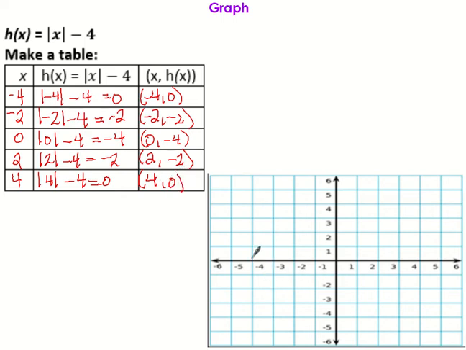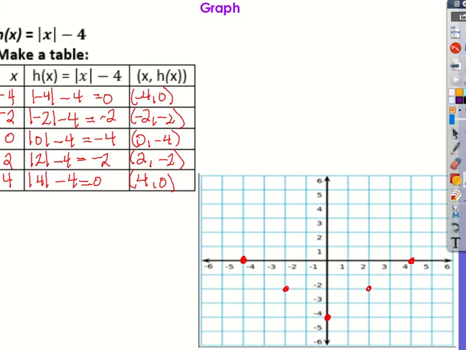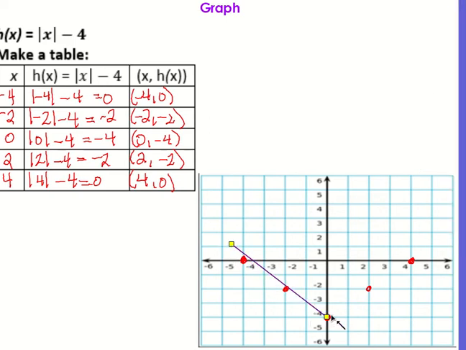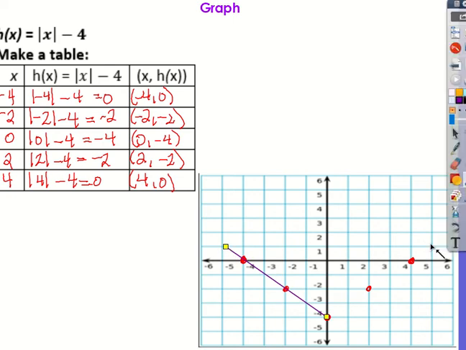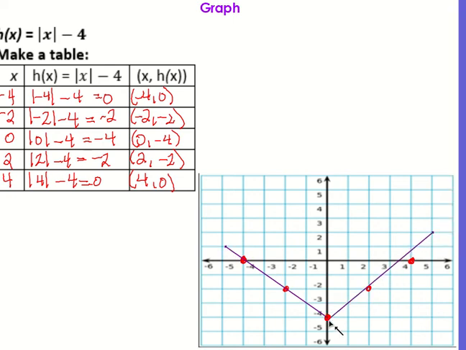So -4, 1, 2, 3, 4. Just want to make sure it's in the right spot. And then -2, -2. And 0, -4, and 2, -2, and 4, 0. So this opens upward because it's a +1 coefficient. It has not actually been stretched or compressed because the absolute value coefficient is 1.